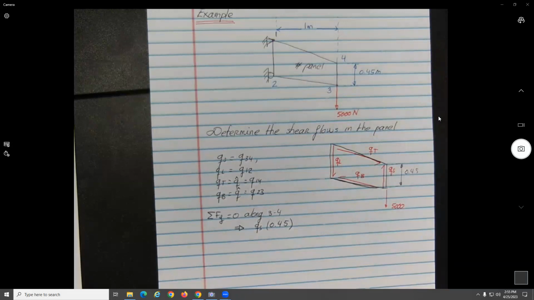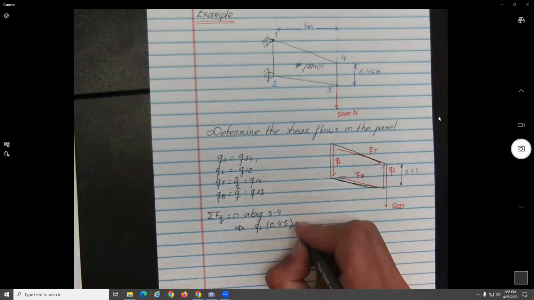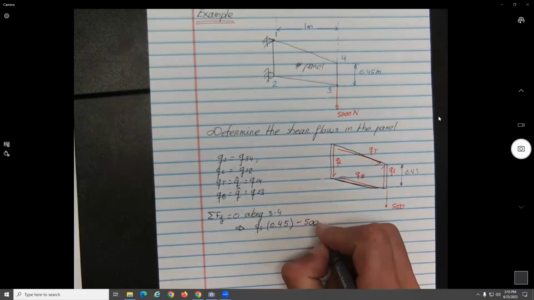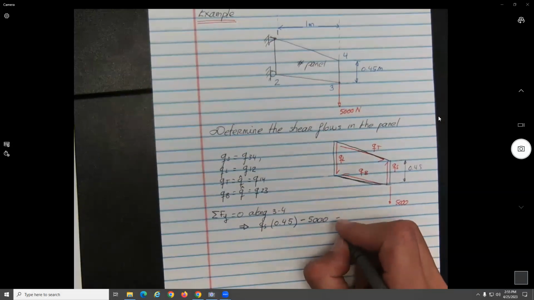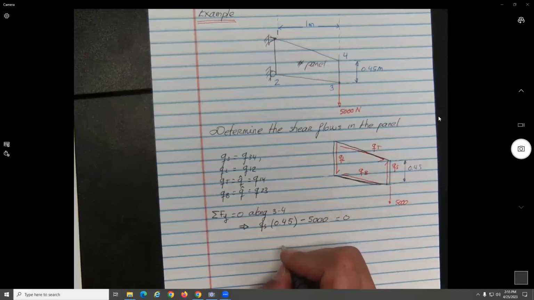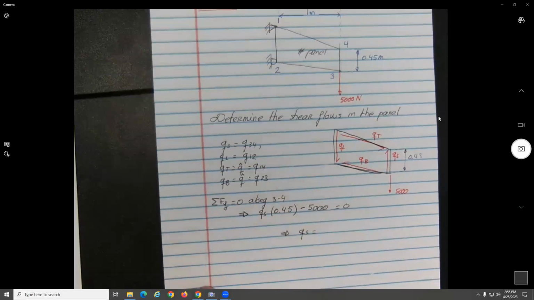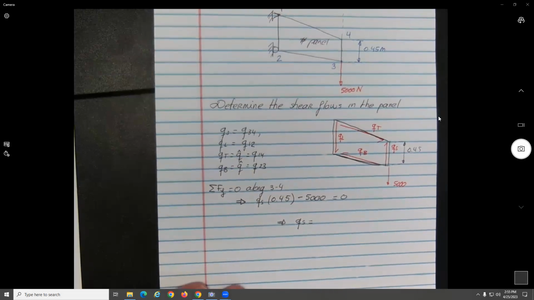Okay, now what do we do? Minus 5,000 equal to 0. So this is going to give you what? QS equal to, I have a value here, 11,110.